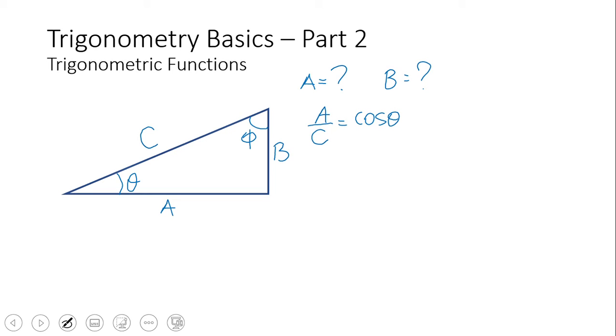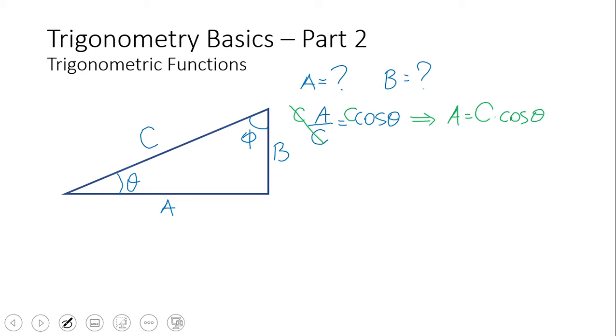So what can I do here? Well, I can solve for A if I know C and the angle. I can multiply both sides here by C. On the left, I'm multiplying and dividing by C, so that cancels. And that tells me that the side A, the horizontal side, is equal to the hypotenuse C times the cosine of the angle.